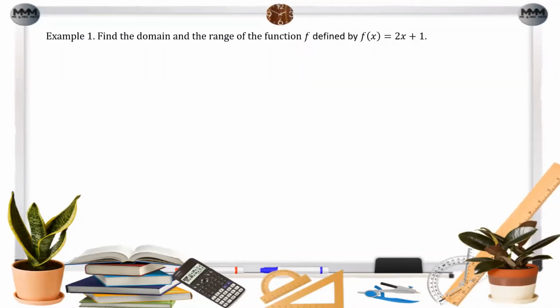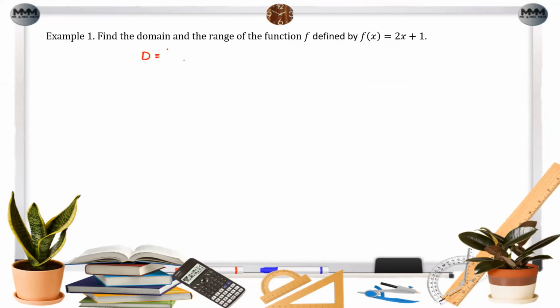Now let's have example number 1. So we are going to find the domain and the range of the function f defined by f of x is equal to 2x plus 1. So actually, the domain of this is the set of real numbers. Why is the domain the set of real numbers?